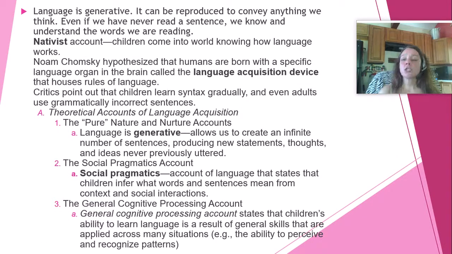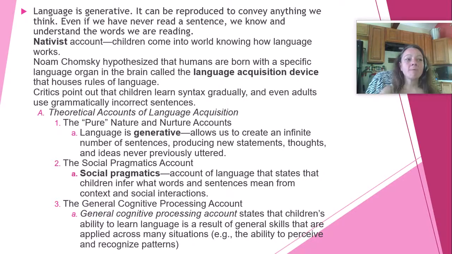There we go. So language is learned, language is reflective, language is also generative, and it just goes back to that idea that we hear something, we see something, we think something, and we're able to reproduce that with our words.